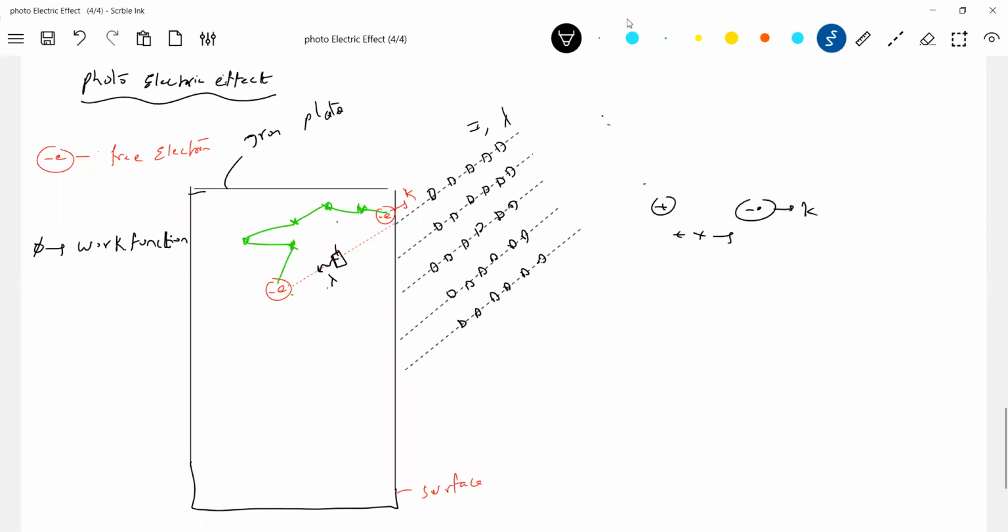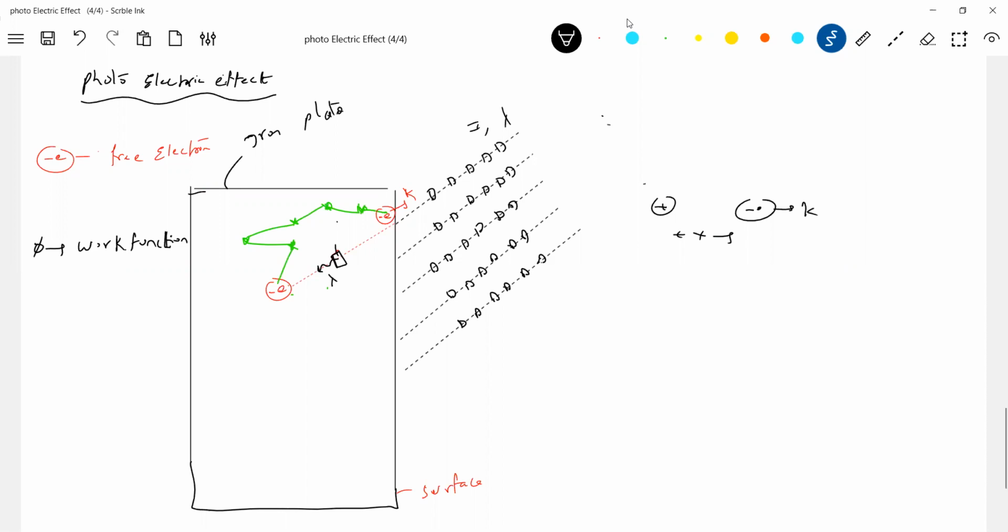Similarly, these electrons are bound to the material, to the crystal, to the volume of a conductor, by an energy called the work function. Revolving electrons are bound to the atom by binding energy. Similarly, the free electrons are bound to the material with an energy called the work function. If the energy of a free electron, when it arrives at the surface, is greater than or equal to the work function, then it will successfully come out.